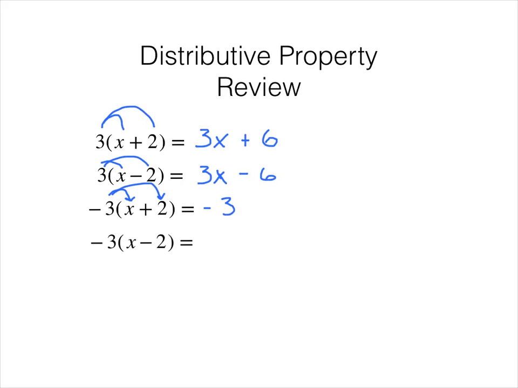So negative 3x minus 6. What happens here? That's distributing a negative. Again, we got to watch our signs. Negative 3x plus 6. Now, when we start multiplying a monomial by a polynomial in the next slide, it's very similar. It's just applying the distributive property on a much larger scale.